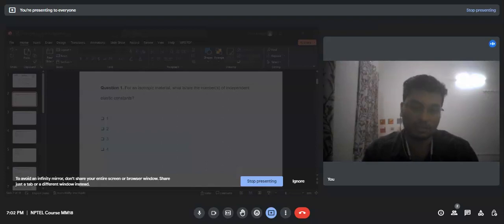In this one it is in a bracket, okay, and here into alpha square beta square plus alpha square gamma square plus beta square gamma square.